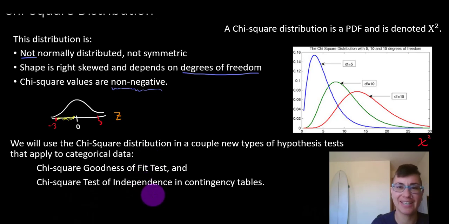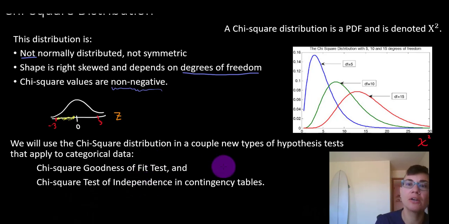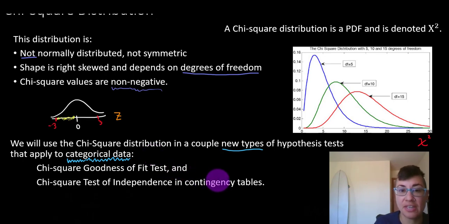So why are we looking at a new distribution? Well, it's because we're going to look at new hypothesis tests that cannot utilize the standard normal or the t-distributions, because these are going to apply to categorical data. Now, we saw in the previous video that for the proportion hypothesis test, we could use the z-distribution.